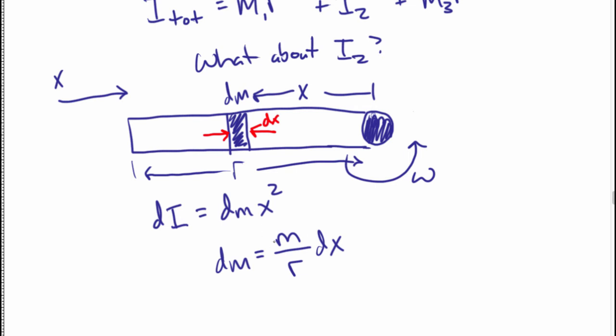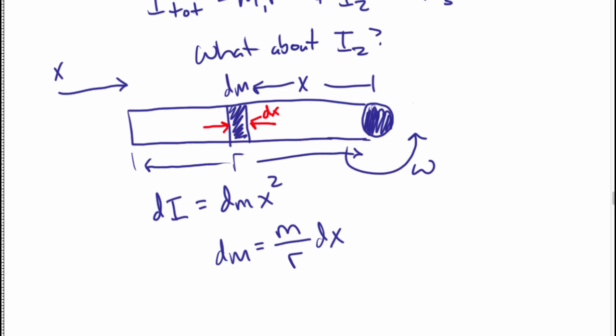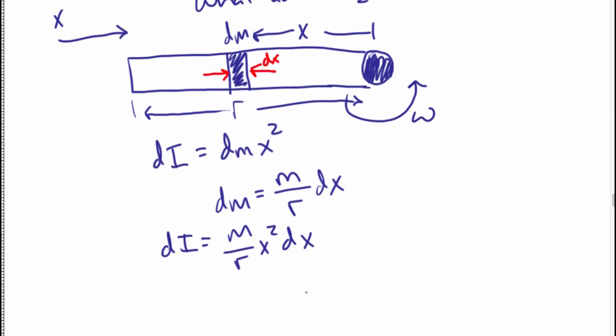So what this allows me to do is put my moment of inertia calculation in terms of a variable that I can actually integrate over, dx. So now I get di is equal to m over r times x squared dx. Now that I have something I can integrate over, I just want to add up the contributions from every little chunk of mass.